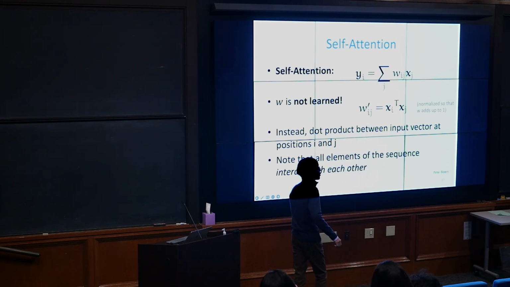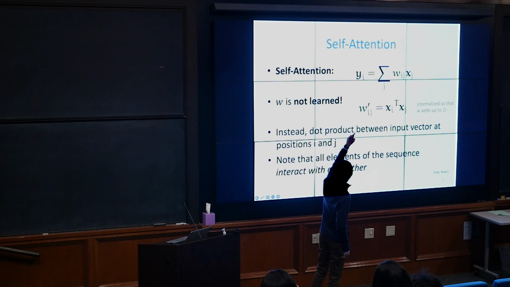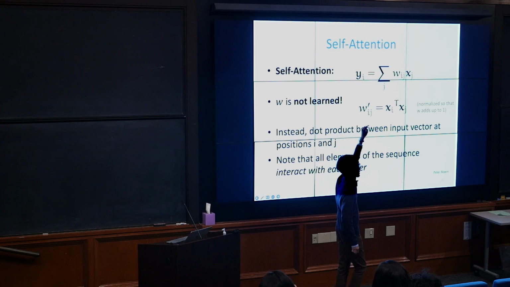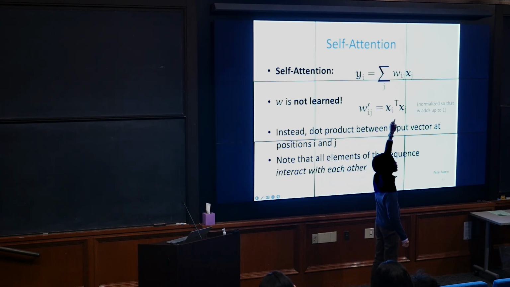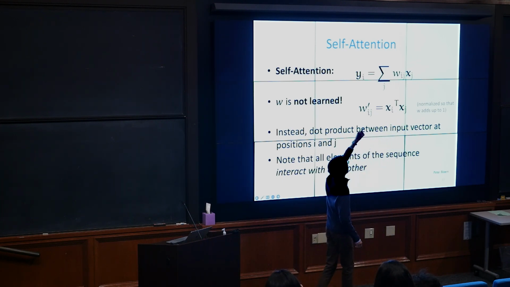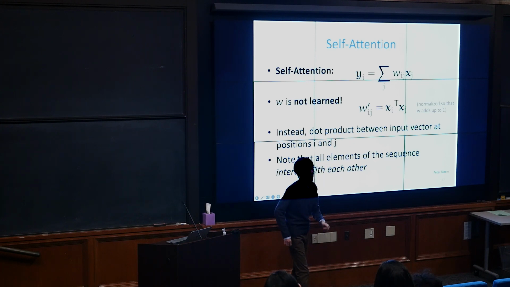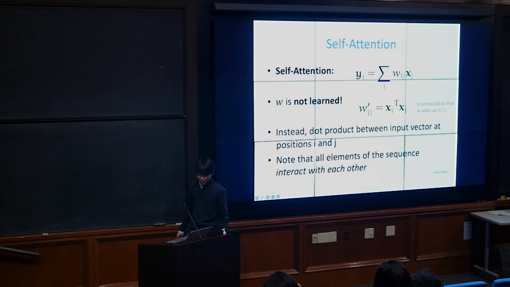So for each input Xi, we're going to compute Wij times Xj. We multiply the corresponding row in W by every other word in the sequence, and we take that weighted sum for the output Yi, sorry.